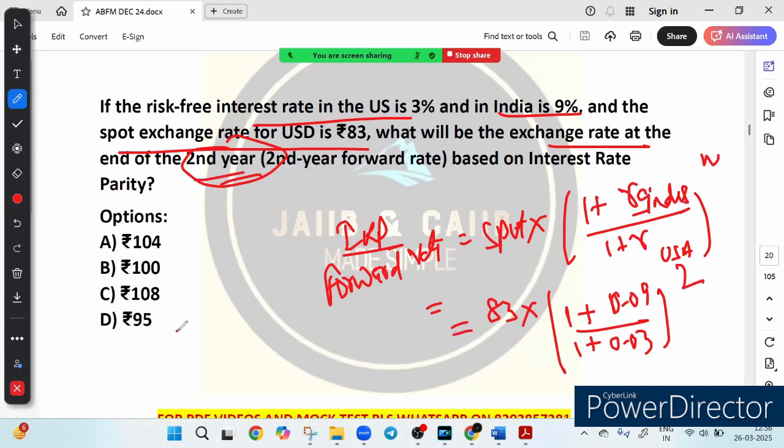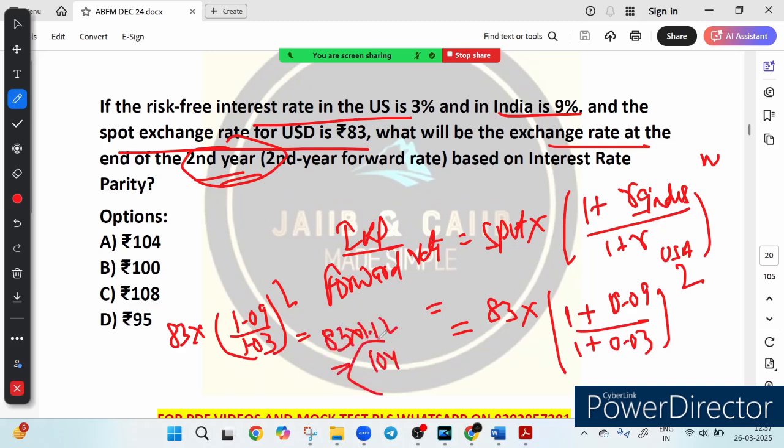If you do the calculation, it will be 83 multiplied by 1.09 upon 1.03 squared. This will give you 83 multiplied by 1.12, which is almost 104. So this is the forward rate. The correct answer is option A, that is the forward rate 104.